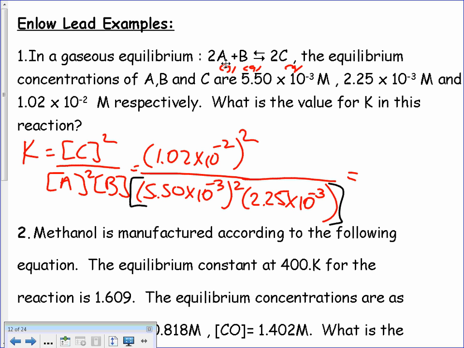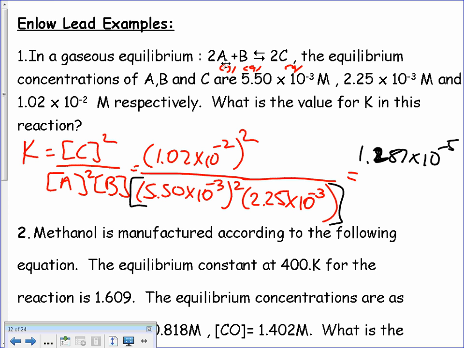Whenever you're ready. What did you get? 8.7 times 10 to the negative 5?